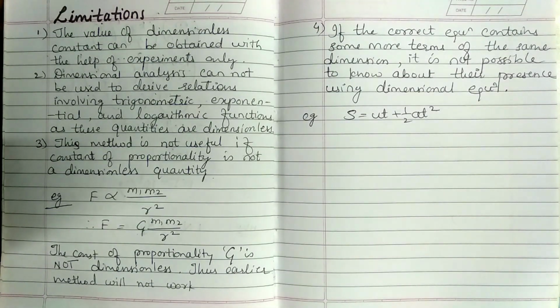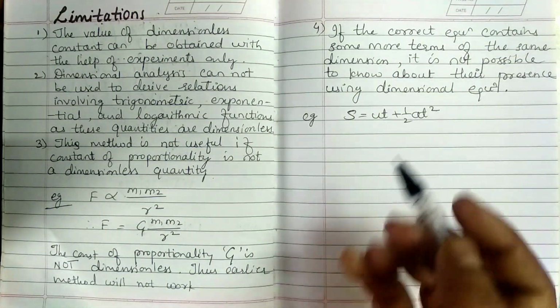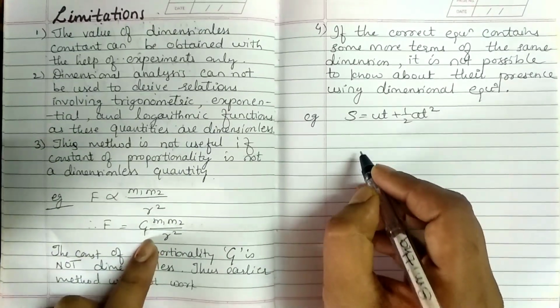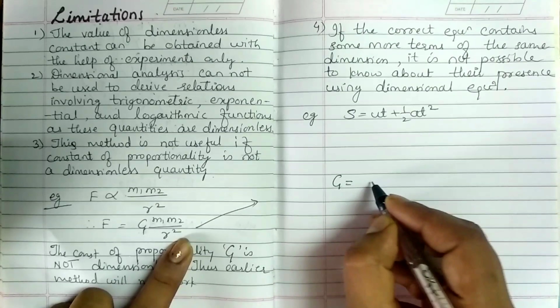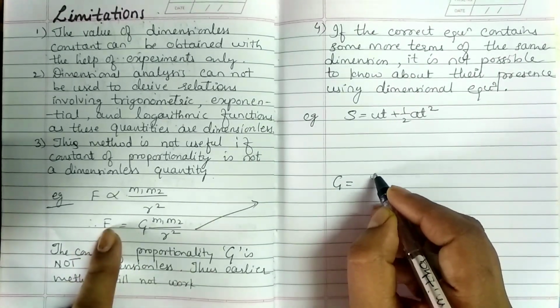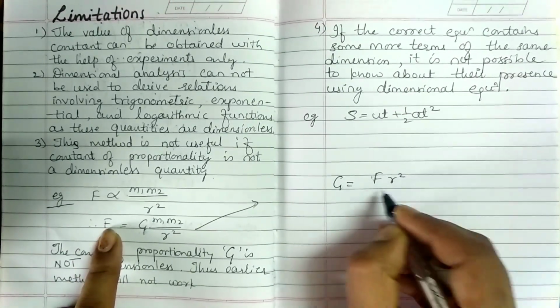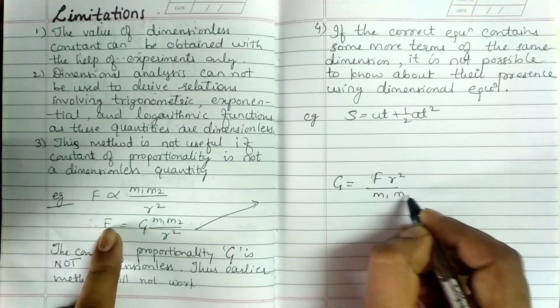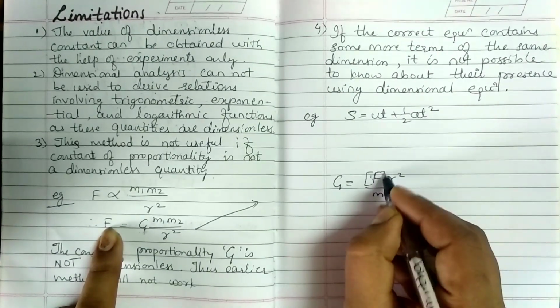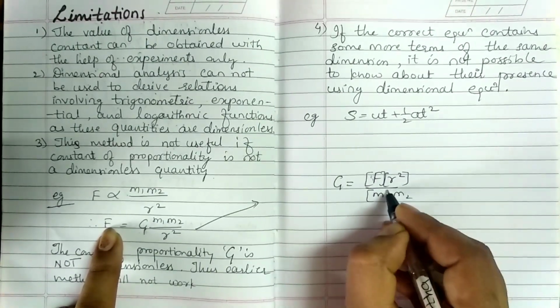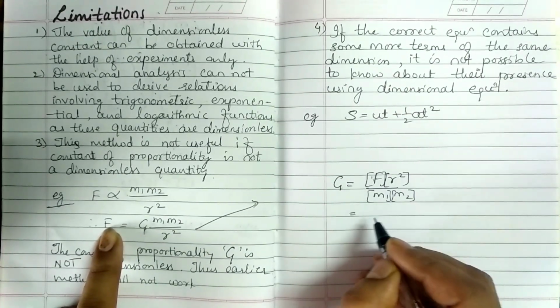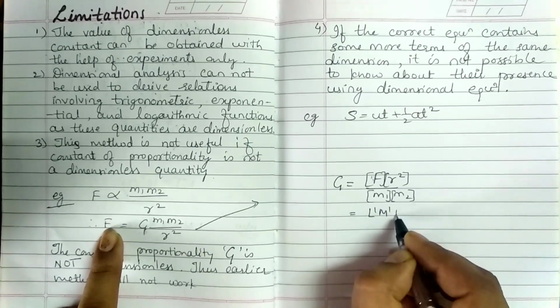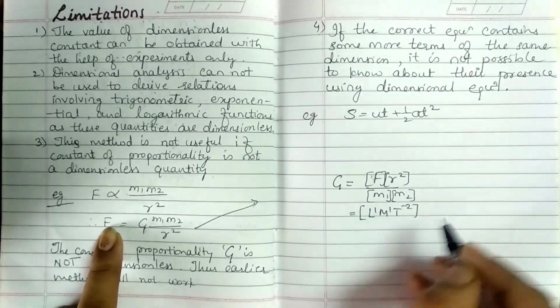See how to find out the dimensions of G, for your practice. I am showing you. G equals F into R square divided by M1 M2. If you take the dimensions of all these, how can you write it? Force is L1 M1 T raised to minus 2.